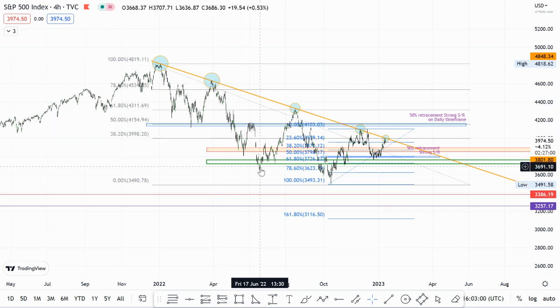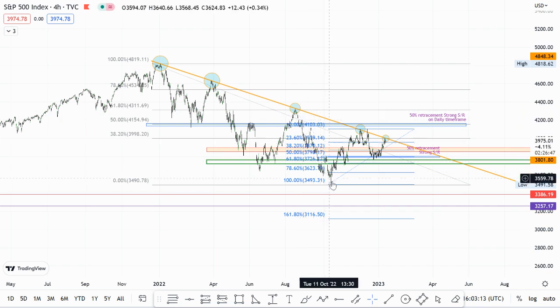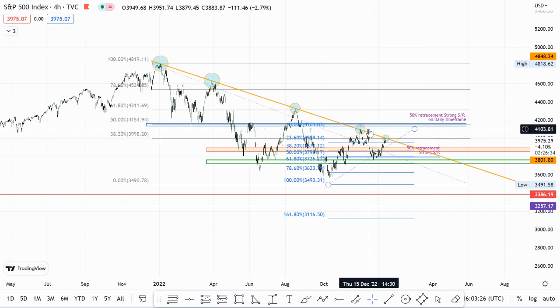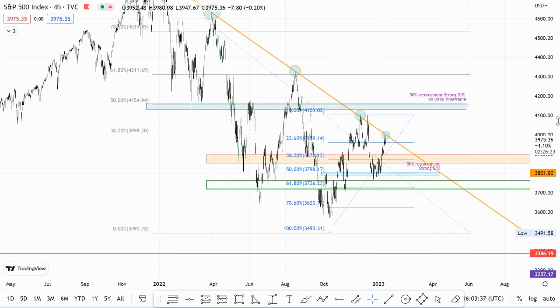Again it moved down, and in June it got support and started moving up around 43. You can see there was a trend line which was forming. Again it moved down till 3,500 on 13th of August 2022 and started moving up and got rejection at 4,100. Again it moved down and found support near $3,700, and again it is moving near $4,000.